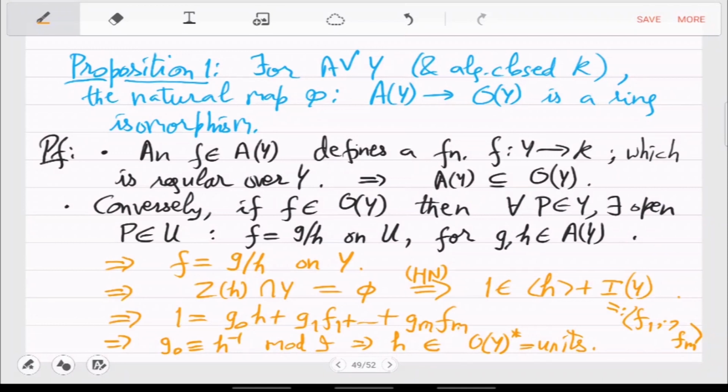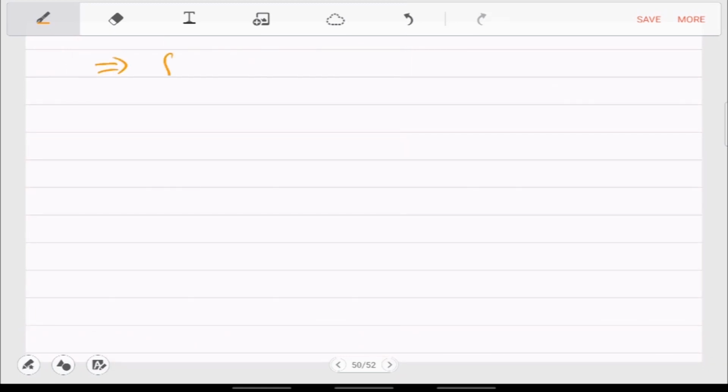Is that clear? Since h is a unit, g by h is basically a polynomial. So g by h is in AY, that's what you reduce. That finishes the proof.